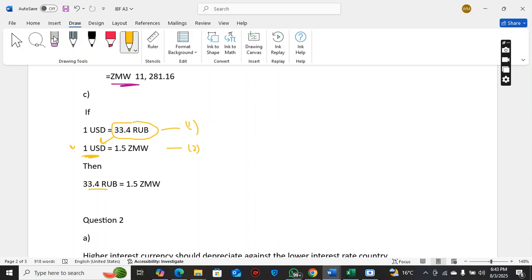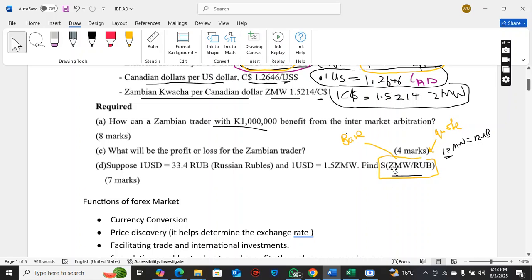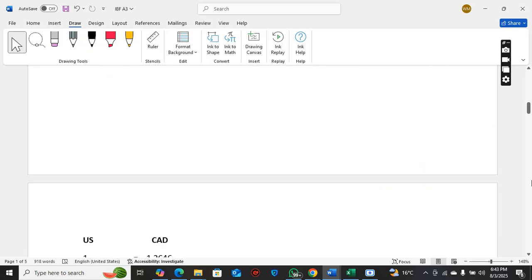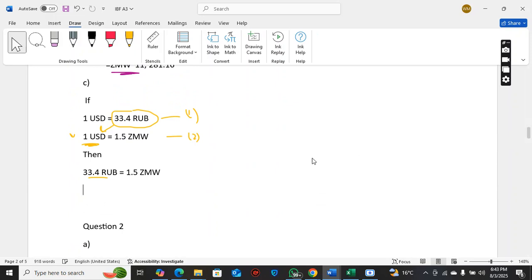So now I want to find out one kwacha because, as I said, it's ZMW over RUB. So it means one kwacha equals how many rubles? Using our new exchange rate, the rubles we're going to put as x. Then here we have one kwacha. One kwacha equals how many rubles?